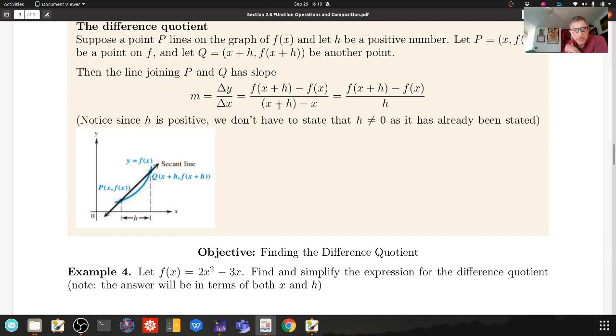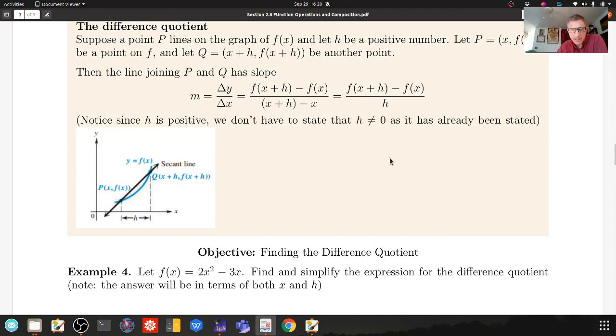And when I simplify these two, I get that our difference quotient is given by the following formula: f of x plus h minus f of x divided by h. Because after all, h right here is our change in x value. So it shouldn't surprise you that our change in x value, which is h, is what delta x means, and it tells you right there that that change is h units.